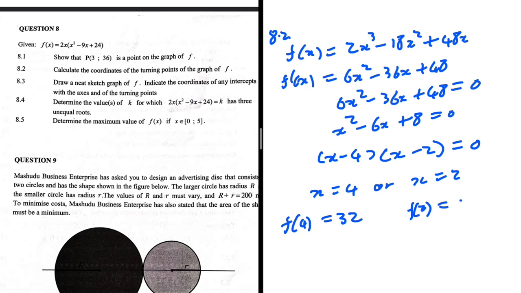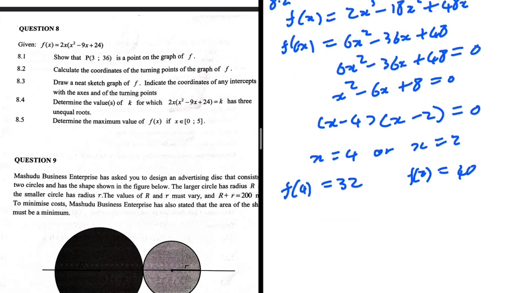I'm getting 40 here. So here we go. We have the coordinates of the turning points. Let's write them in coordinate form: (4, 32) and (2, 40).